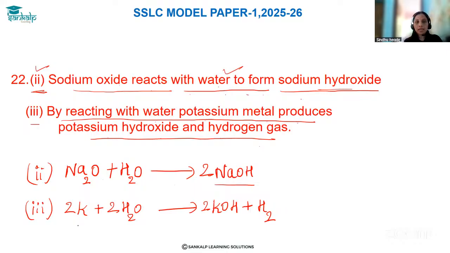So here potassium reacts with the water, produces the potassium hydroxide and hydrogen gas. This is the answer. Thank you.